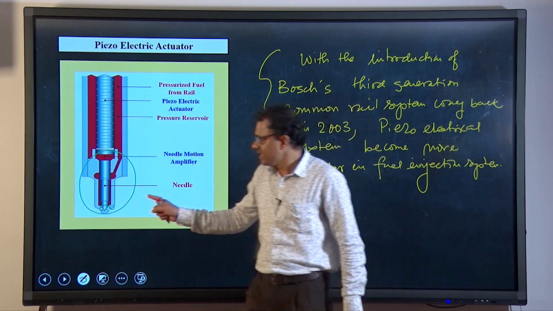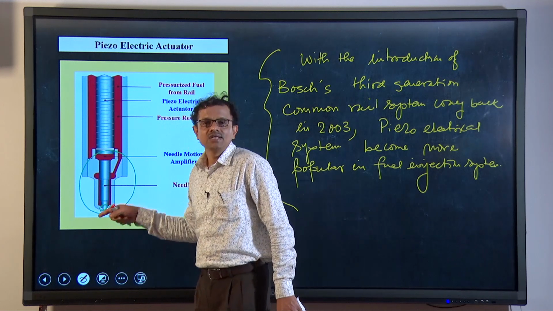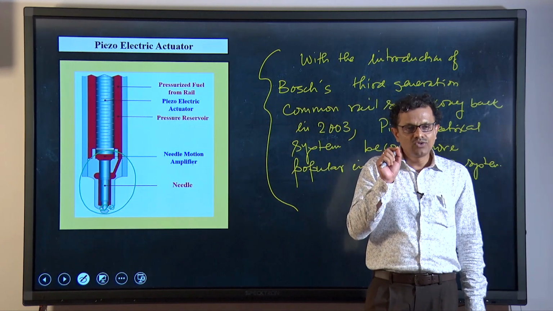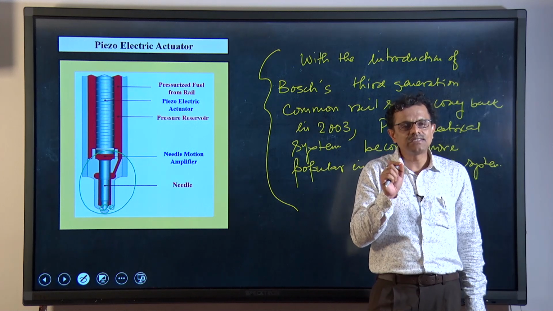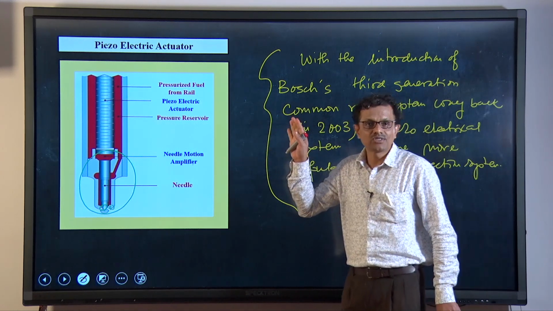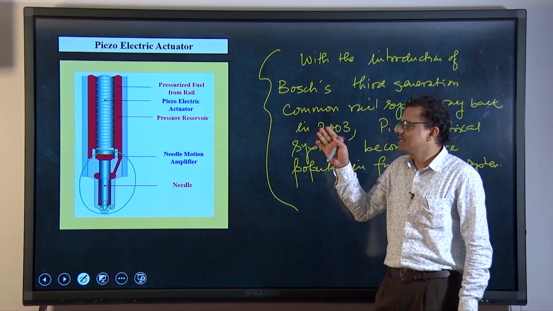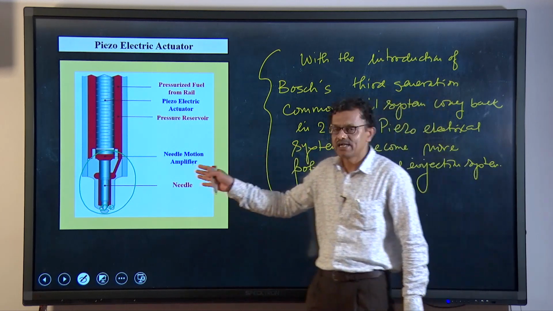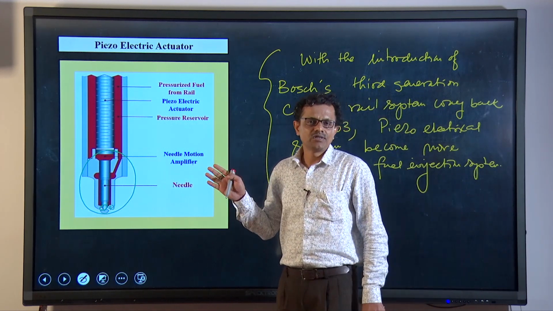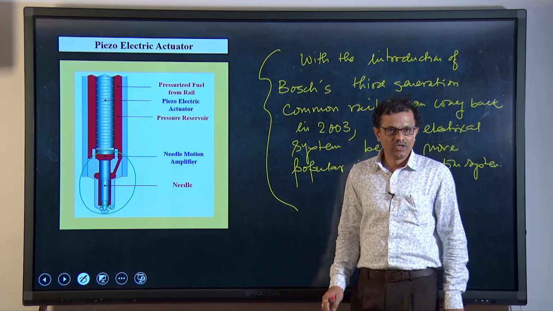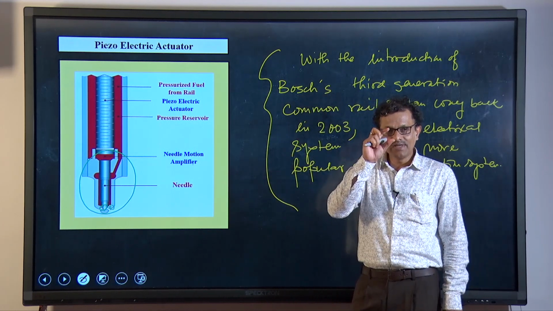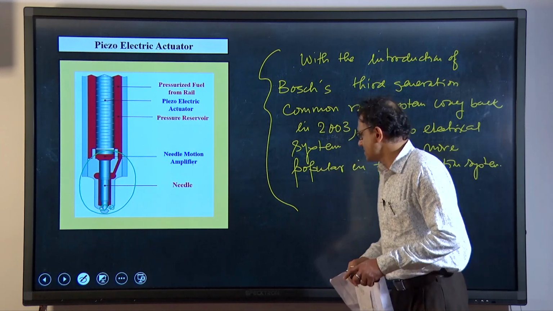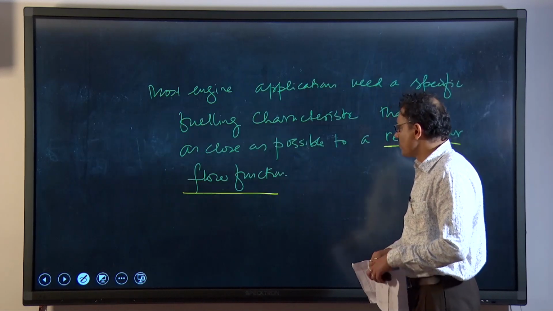So we need a certain switching on time and switching off time. The switching on and off time is less for this arrangement because the involved masses have low inertia, typically less than 250 microseconds. So it has a rectangular flow function.